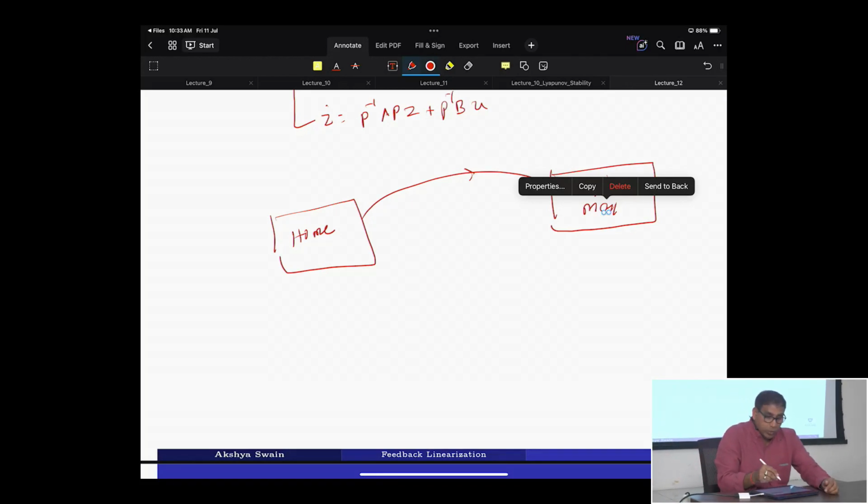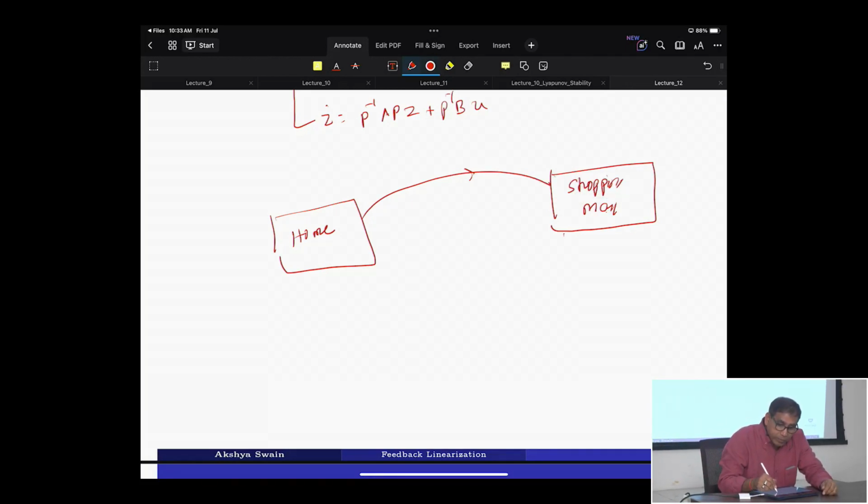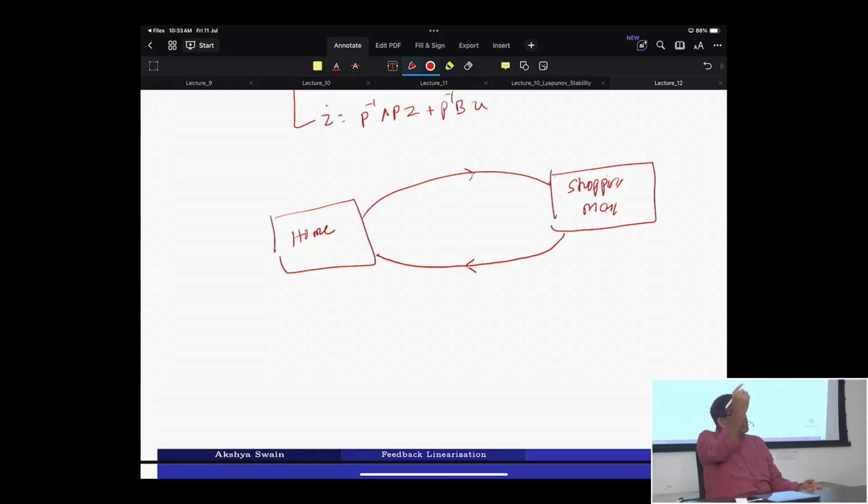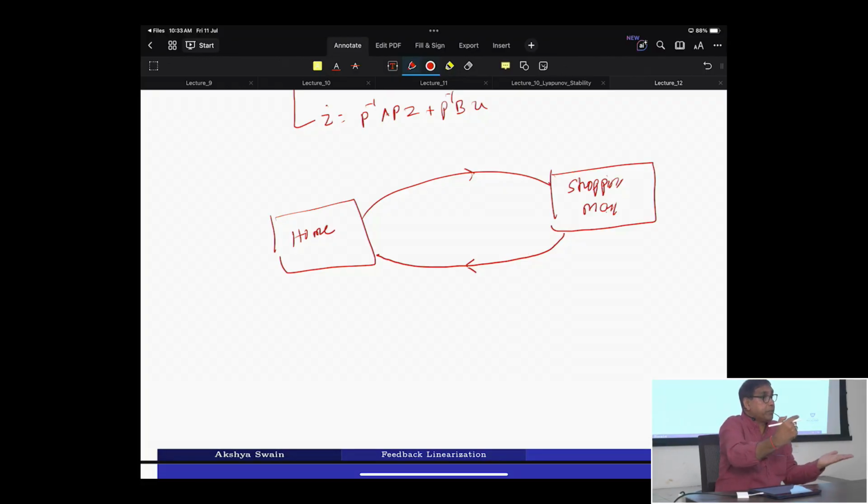You should be able to come back. If you cannot come back, you are in trouble. The transformation you are applying must have an inverse. That means if you are going in this direction, you must be able to come back. If you cannot come back, it is a problem.